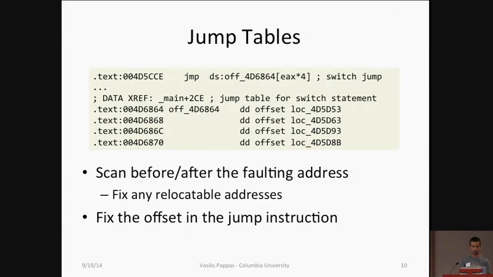And based on that trap, we'll have the instruction pointer, which is the address ending on CE, and also the faulting address, which will be some address within this table, these 4 words down there. So what we'll do is we'll start by the faulting address, and then we will scan before and after to find any relocatable offsets, which is these absolute addresses. And then finally, we will also fix the absolute address within the instruction itself.